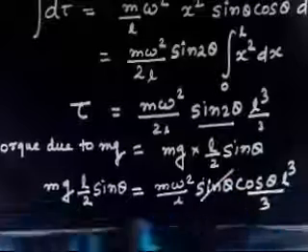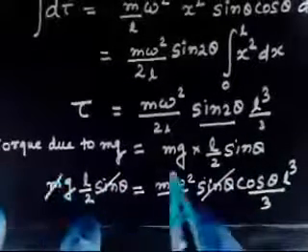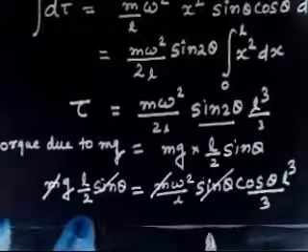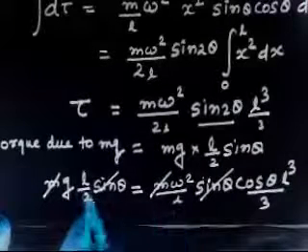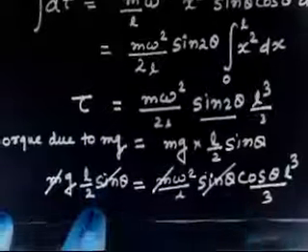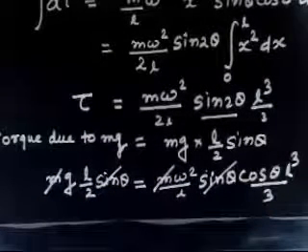So you see, sin theta goes out, m goes out, we will have 1L and 1L, so 2L goes out, so simply 1L this side. Are you getting or not?